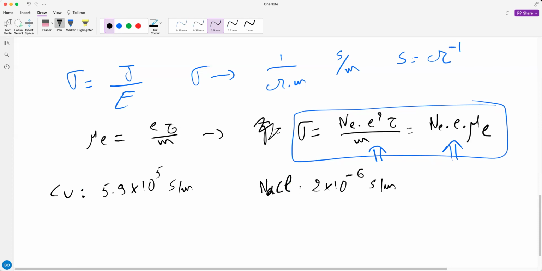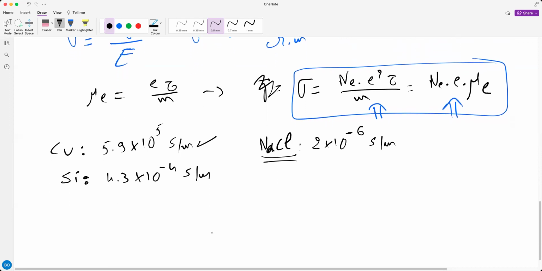So copper is a metal, conductivity is high. NaCl is almost an insulator, the conductivity is very low. Silicon is a semiconductor, we will talk about it later. It still has a bad conductivity. Okay. Any question?